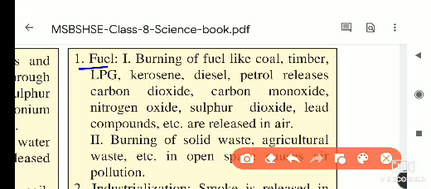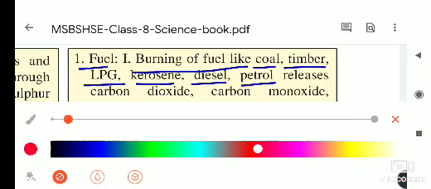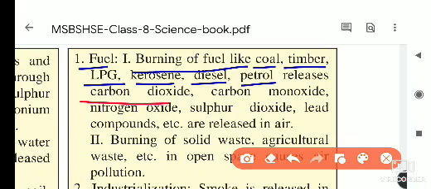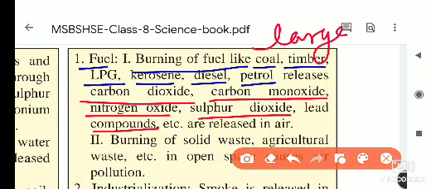Here it is given fuel and burning of fuel: coal, timber, LPG, liquid petroleum gas, kerosene, diesel, petrol release some gases, and those gases are carbon dioxide, carbon monoxide, nitrogen oxide, sulfur dioxide, lead compounds, etc. They are released in the air in a large quantity, because lakhs of vehicles are running on the road, and due to this these gases are emitted in the air.